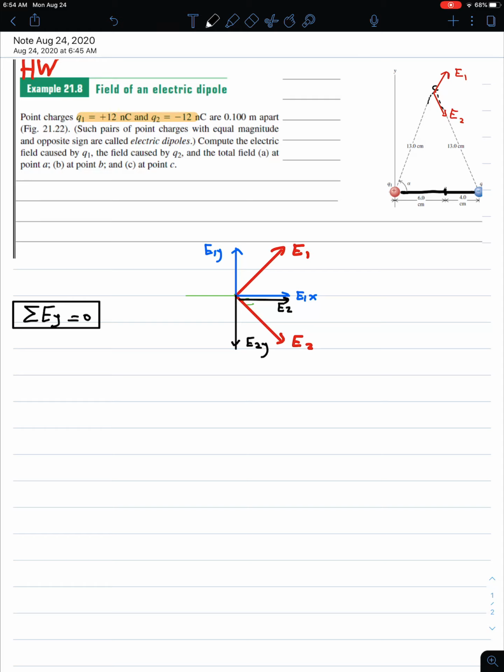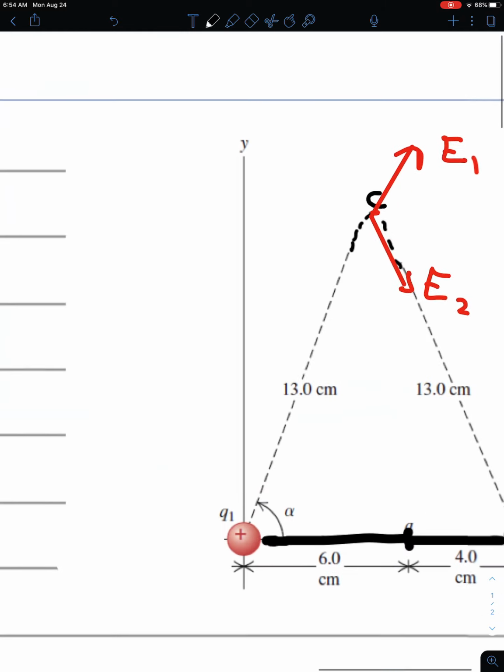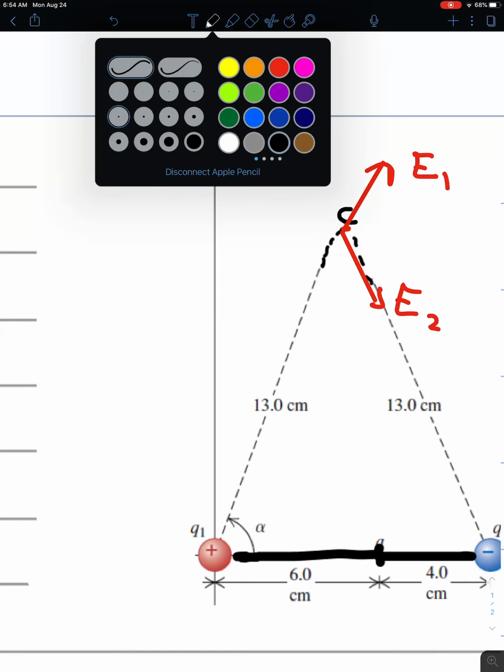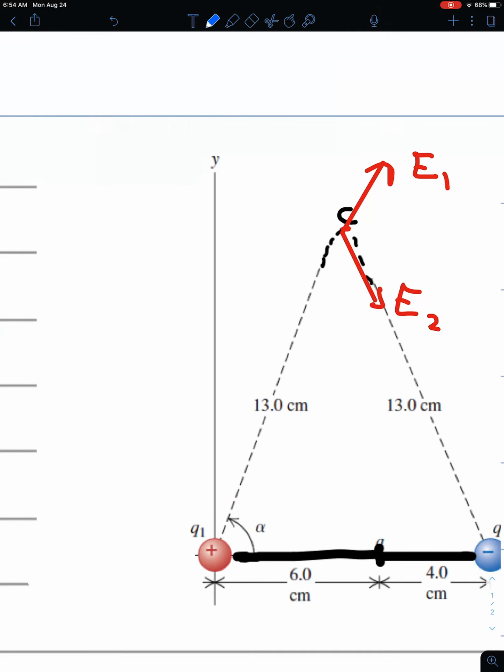And finding E1x is enough, by the way, because E2x is the same as E1x: the k is the same, the distance, everything is the same. So I need to find E1x. I'll draw a line here to make it a proper form. From symmetry, the angle here is the same as the angle here.